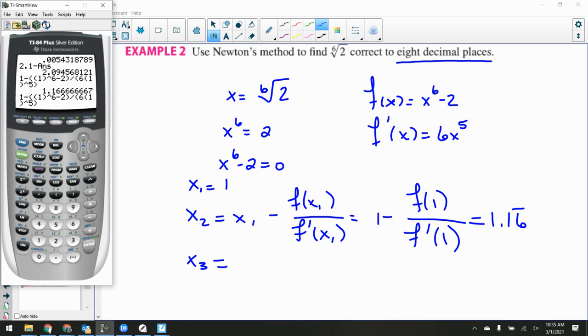What I'm going to do is, instead of 1, in all the places where I plugged in 1, I'm going to plug in my second answer. Because that's going to take 1.16 and plug it in everywhere.